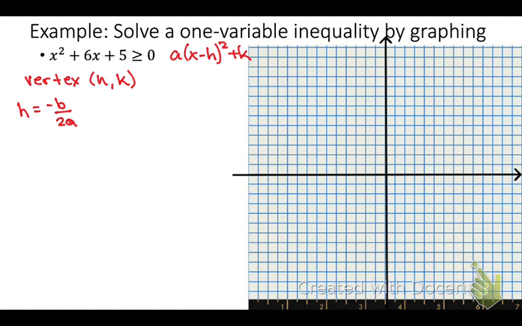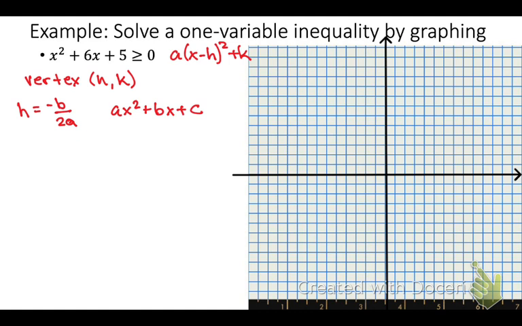A quadratic is ax squared plus bx plus c. That's how it's set up, right? So a and b are the coefficients of the variables.